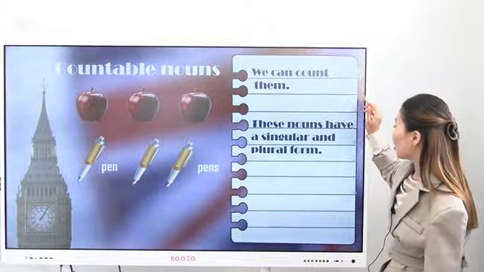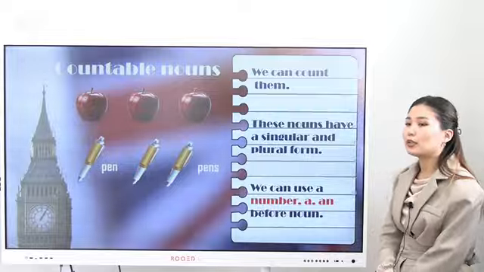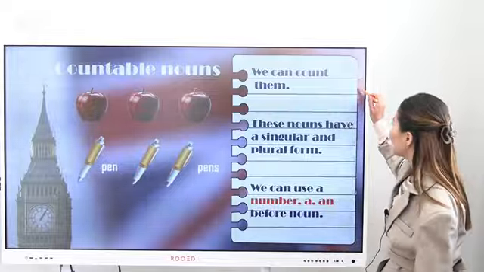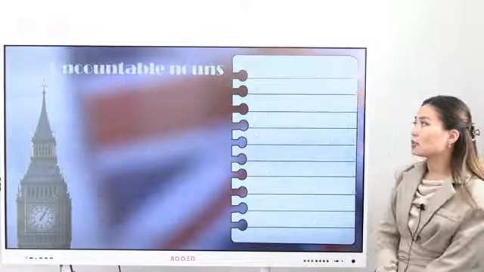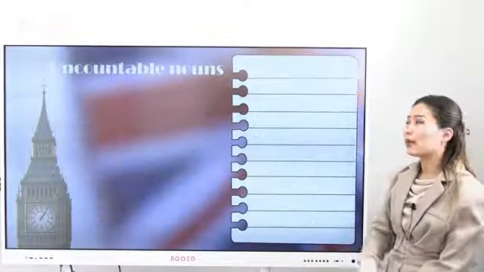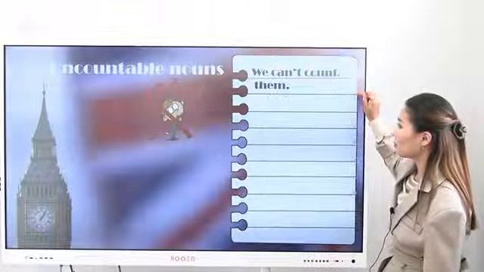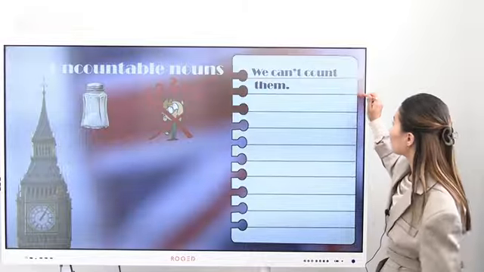Next, we can use a number and indefinite articles a, an before a noun. For example, 3 bags. And next, uncountable nouns, we can't count them. For example, rice, tea, or sugar.